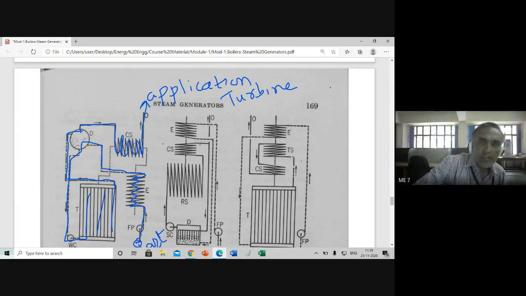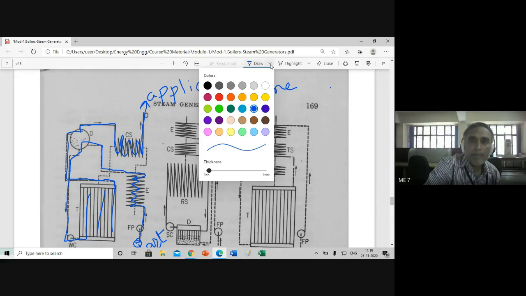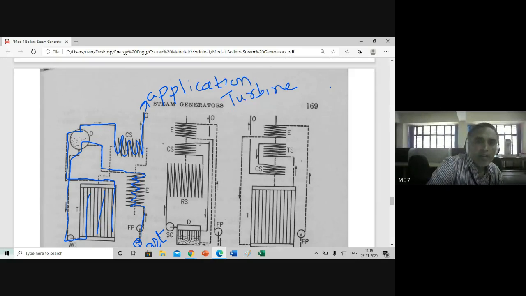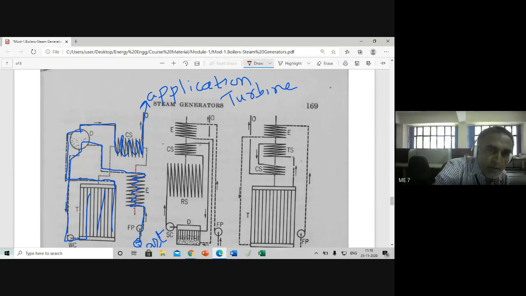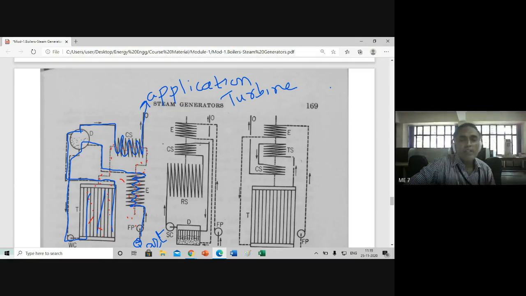And look at this. Now further, the flue gases are passing over here. This is how the flue gases are flowing.